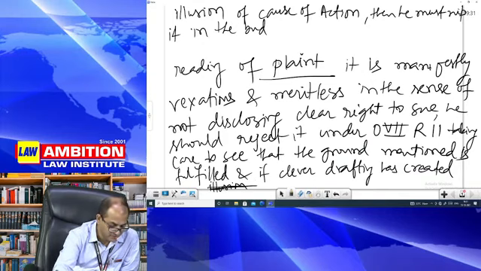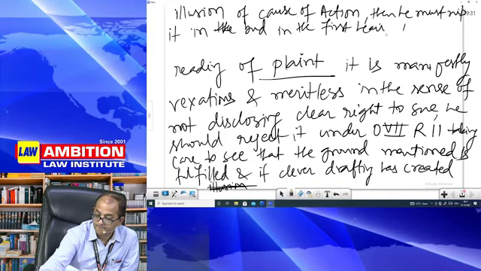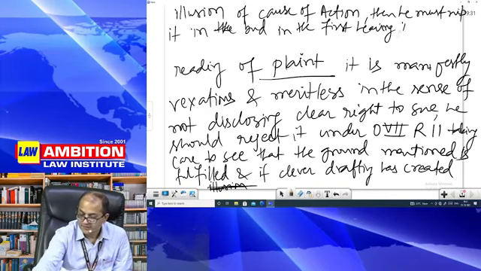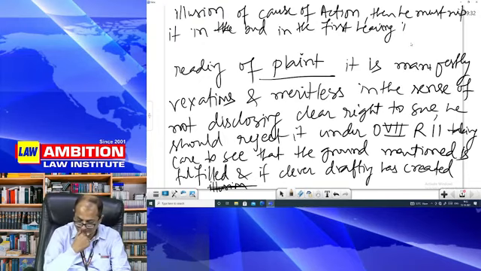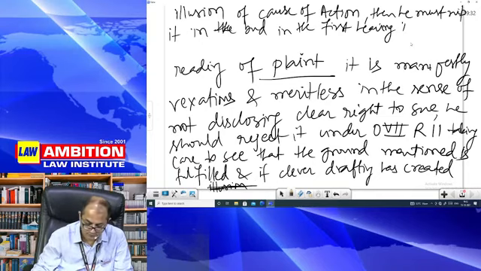It should be stopped at the inception, in the first hearing itself.